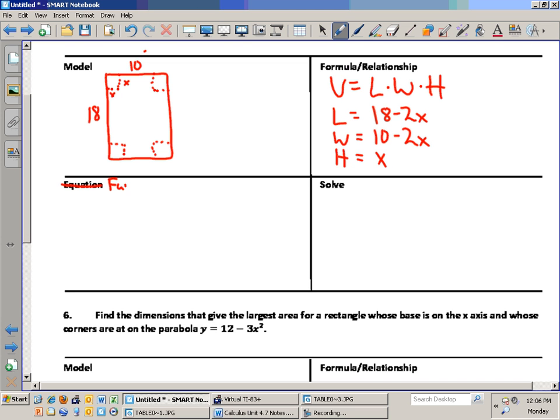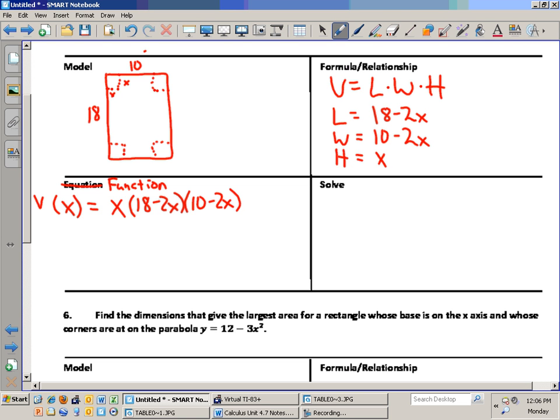That's what I wanted it to read. I'll have to change that for future years. So volume in terms of x is equal to x times 18 minus 2x times 10 minus 2x.